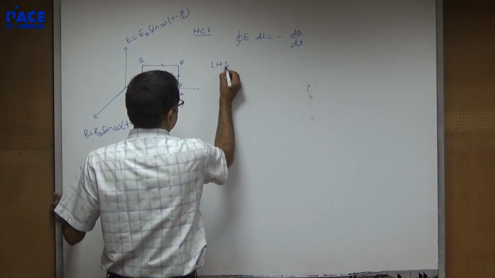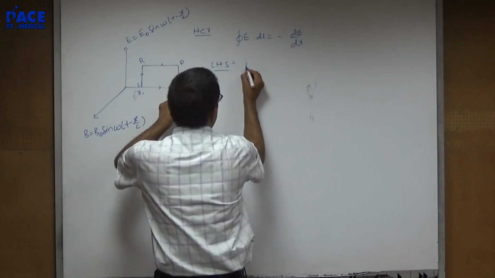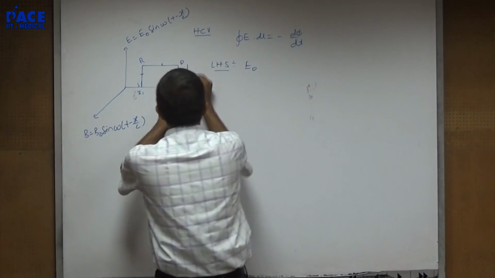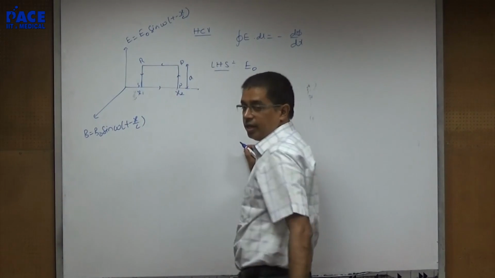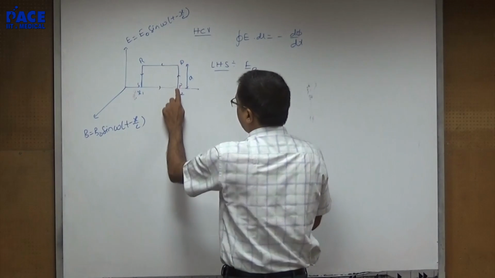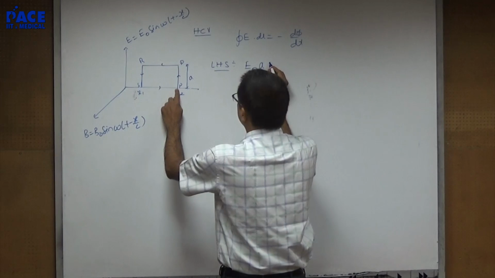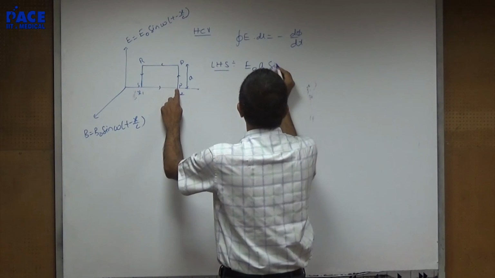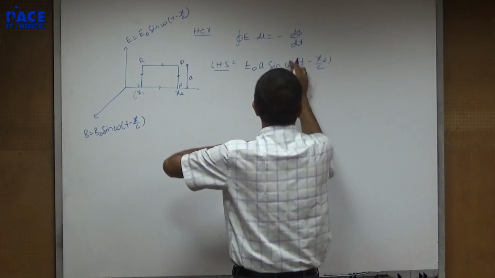LHS, this will be E naught. This length you have taken as A. E naught into A, sine of omega t minus x2 by c.